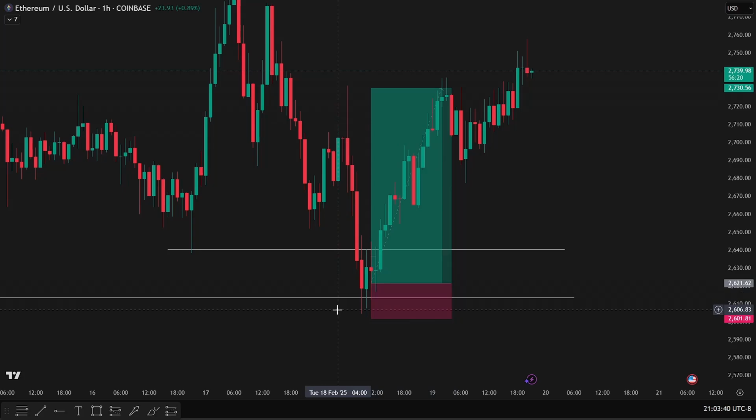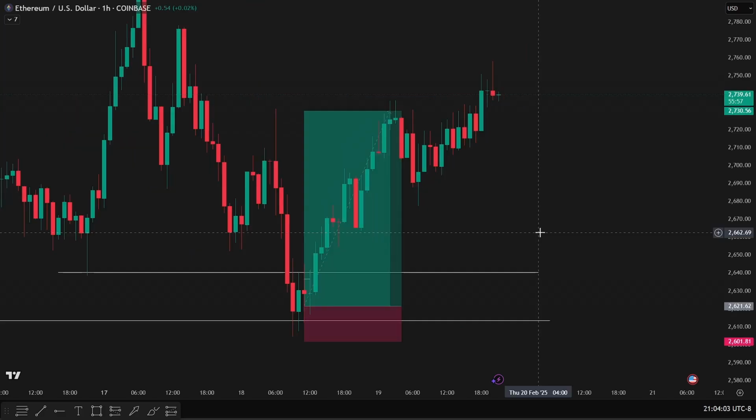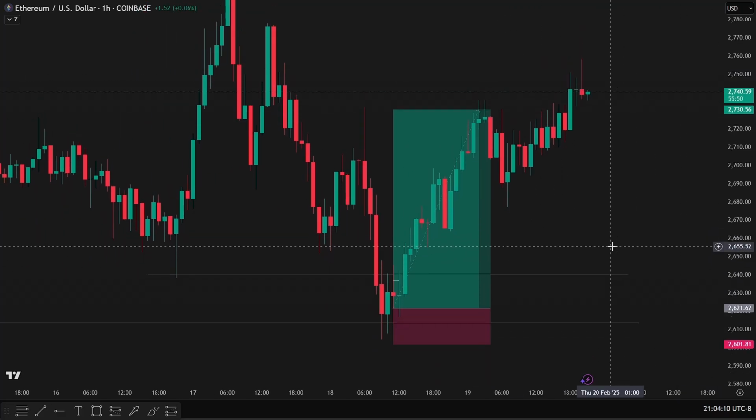A more precise entry allows you to get better RR. Even if you get 5% better entries, 5% better in price, over 10 trades, that adds up, and your P&L is going to increase faster. So you want to get the best entries you can, and you want to be patient.